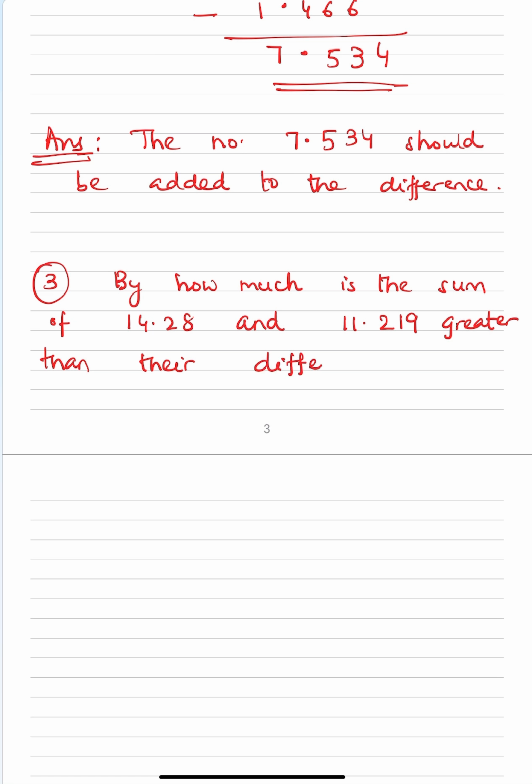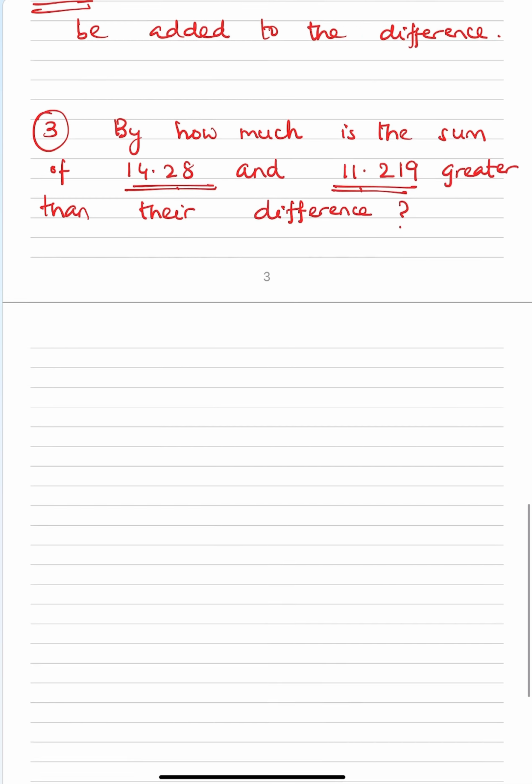Now this is a different kind of sum. Here it is telling us that by how much is the sum of these two, that is, when we add these two, the answer which we get is greater than their difference. Okay, so first I need to add and then I need to subtract also.